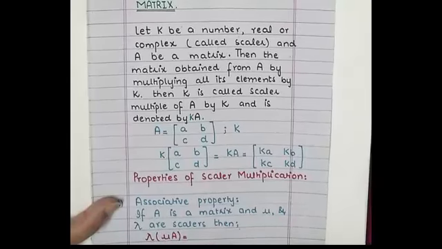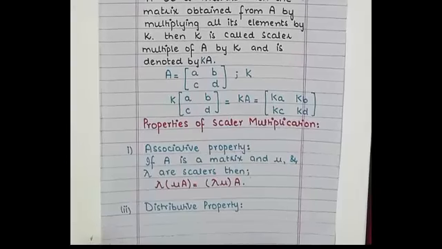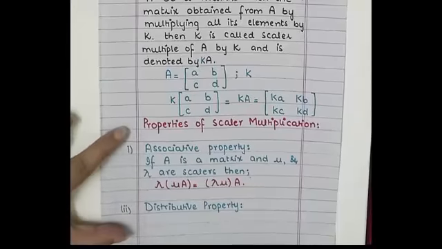Next property we have is the distributive property. In the distributive property we have two categories. If we have one matrix and two scalars, the distributive property holds for scalar multiplication. Similarly, if we have two matrices and one scalar, the distributive property still holds. Let's check.